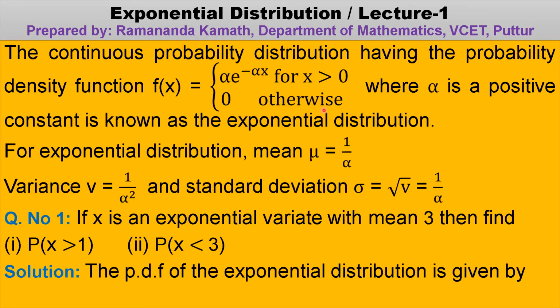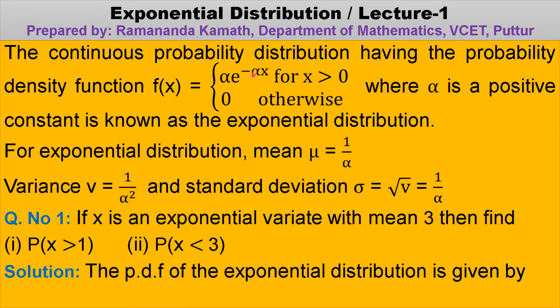For those x values which are not greater than 0, f of x will be equal to 0. So for x greater than 0, for positive x values, f of x is alpha into e power minus alpha x, where this alpha is some positive constant.